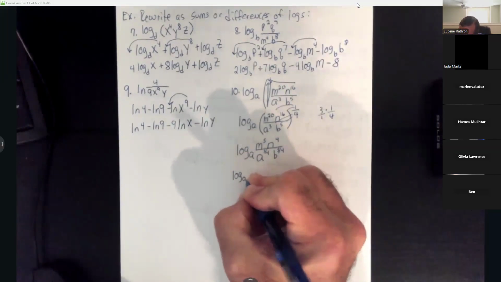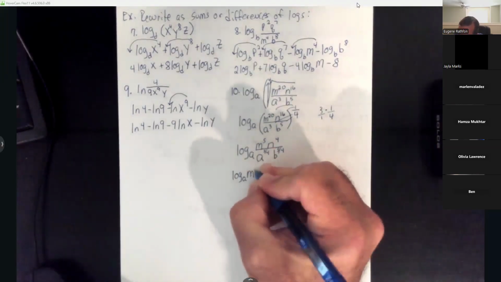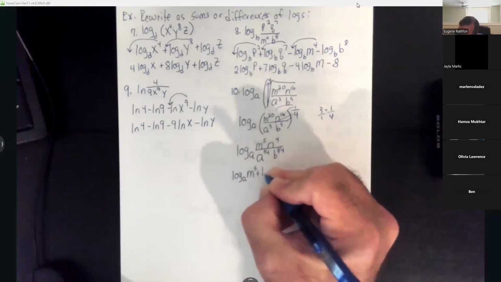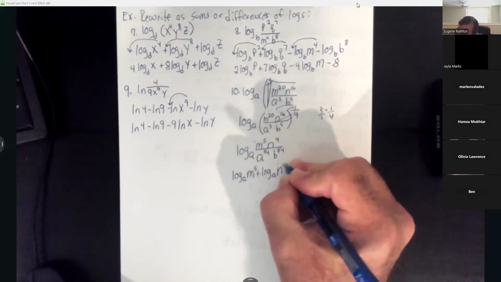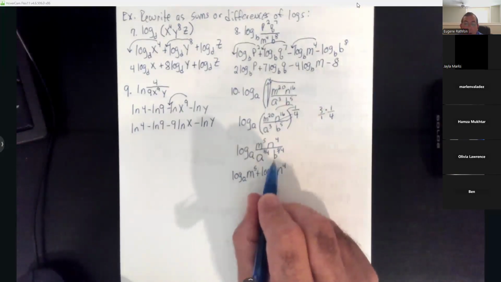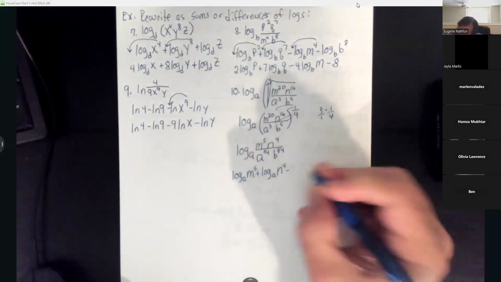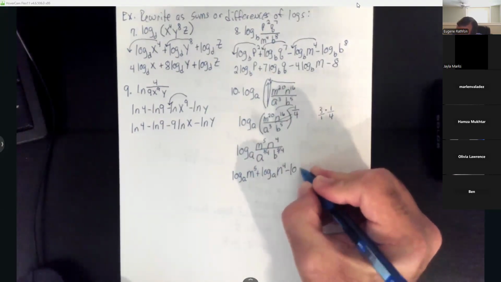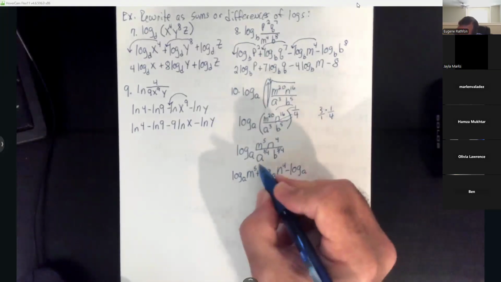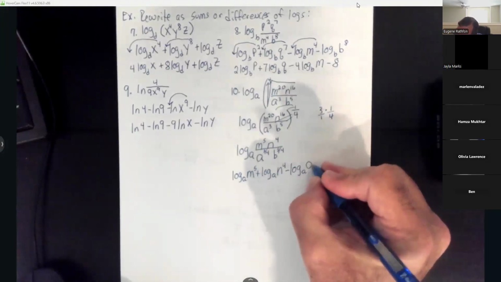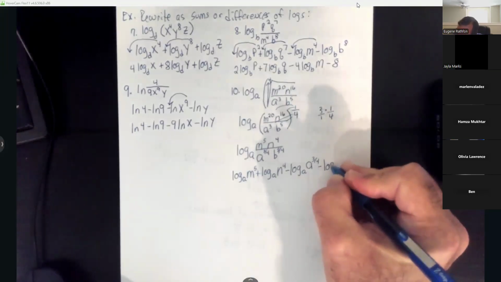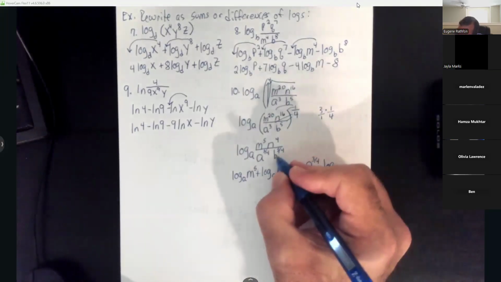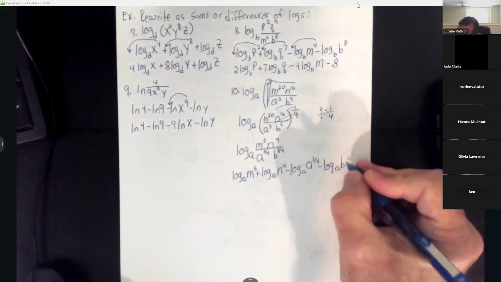So I get a log base A, m to the fifth, plus log base A, n to the fourth. So they're both positive. Now I start subtracting log base A of A to the 3/4 minus my log base A of B to the 5/4.